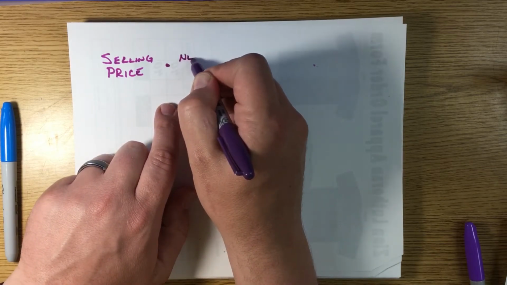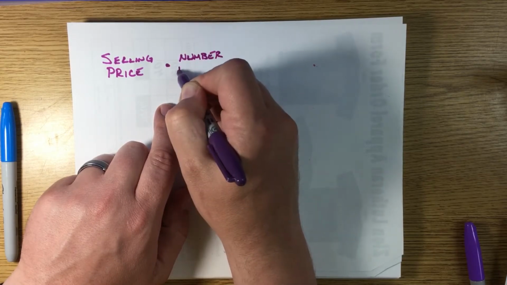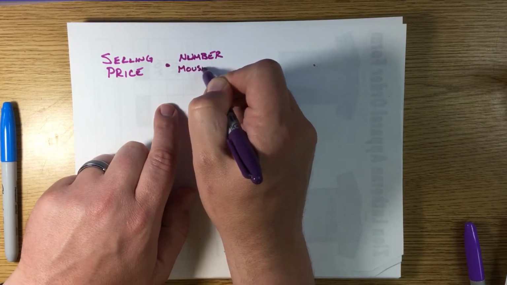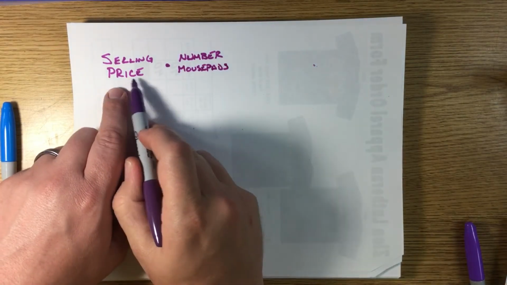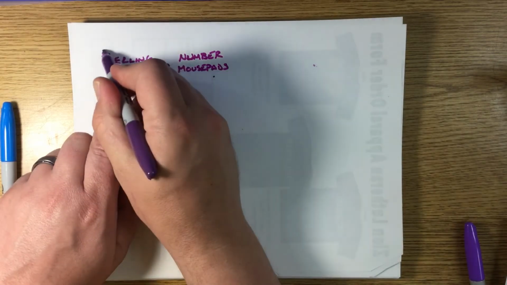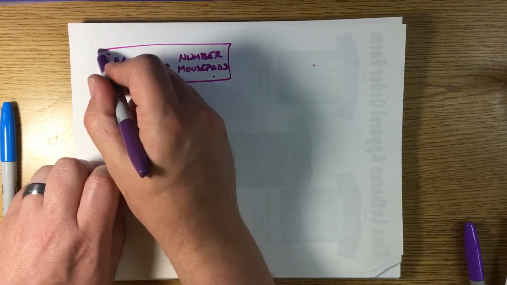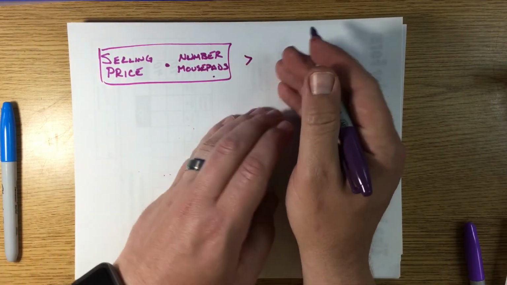I want to know how many mouse pads I'm going to have to sell. So the selling price times the number of mouse pads. I need to know when this number is greater than all my costs.